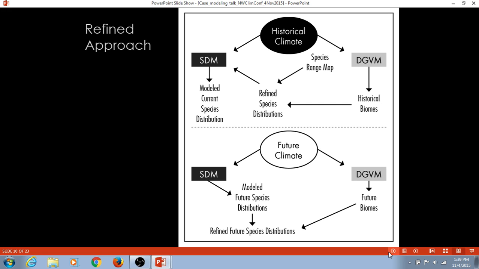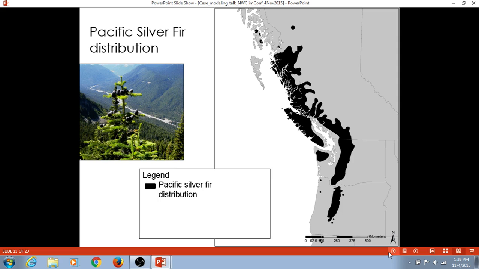Applied future climate data, those 5 GCMs, projected the projections forward, and then again refined the output by the future 5 futures of those DGVMs. So it's a 2-step process of refining those. And at the end of all this, then I've got this refined future species distribution. Okay, so I'll run through that real quick.